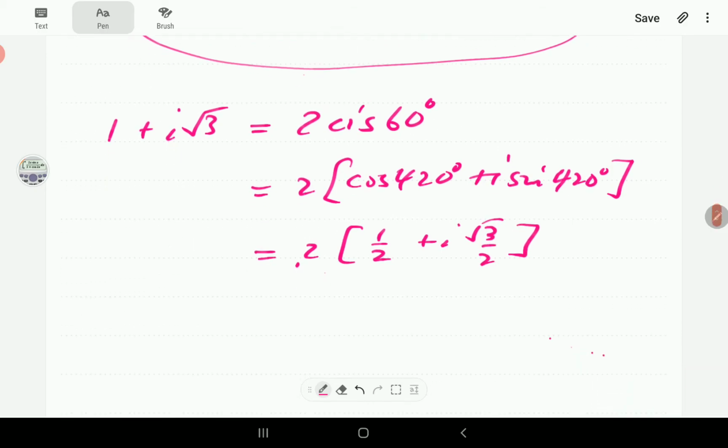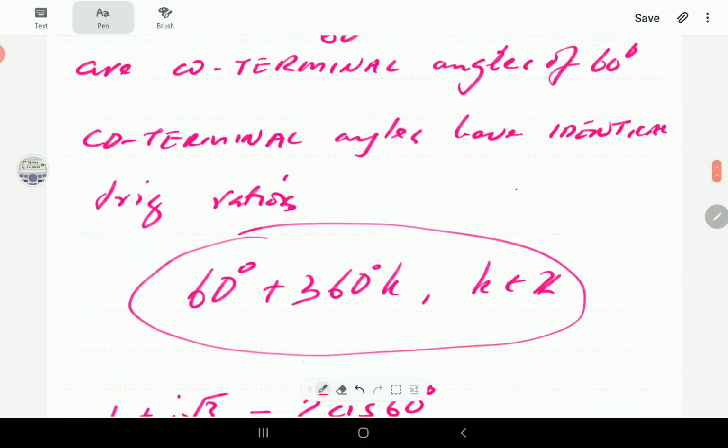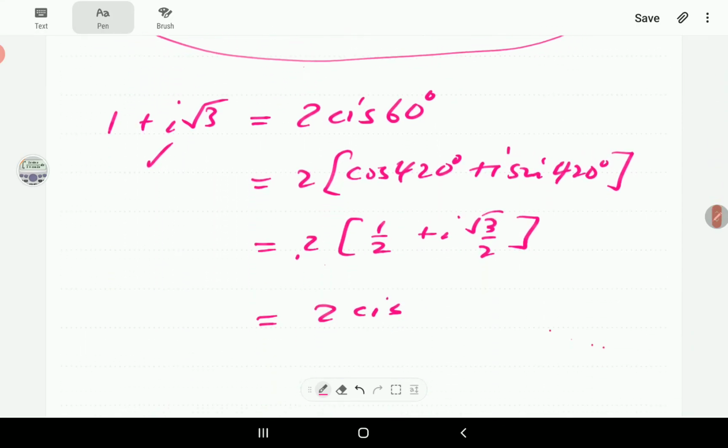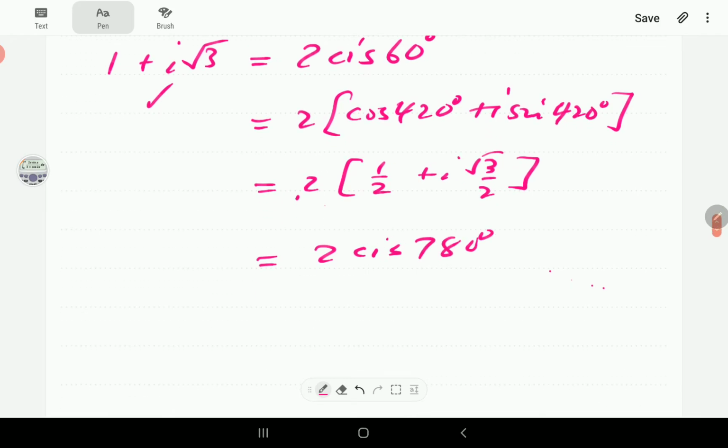If you remove brackets, we are back to this complex number. Even 780 is going to be the same complex number. Negative 300 is going to be the same complex number.